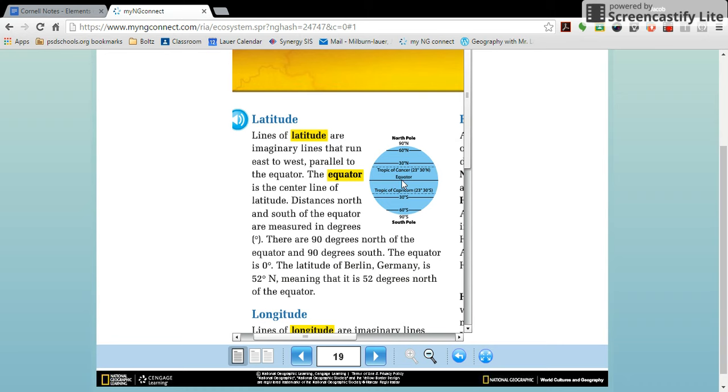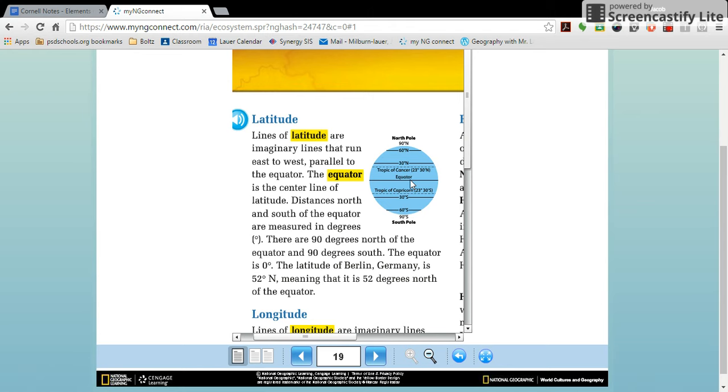There are 90 degrees north, so from here to here, there are 90 degrees. And you notice the North Pole says 90 degrees north. There are also 90 degrees from the equator to the South Pole. So that's 90 degrees south to the South Pole. The equator is 0 degrees.